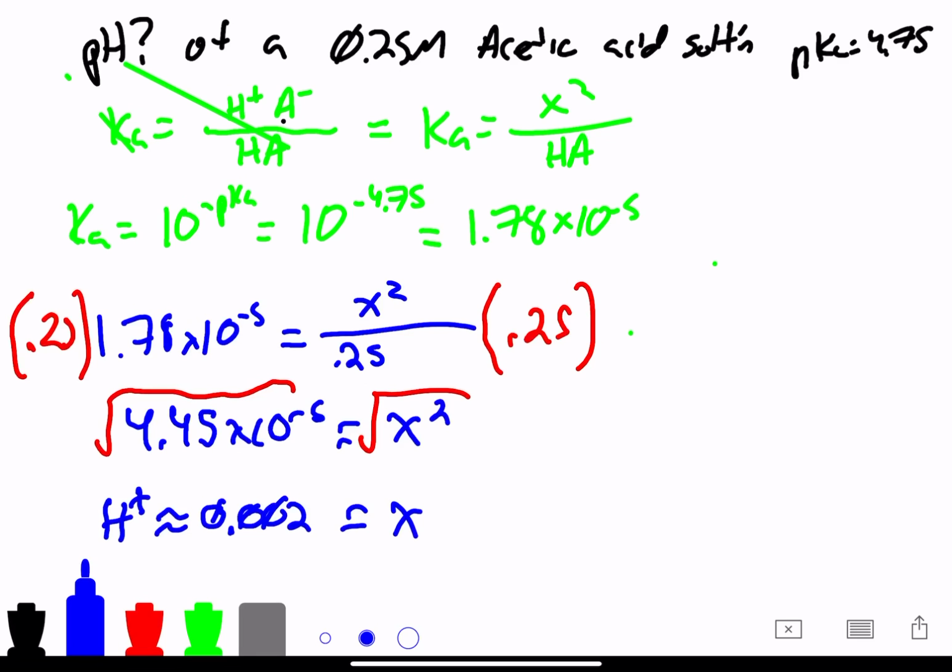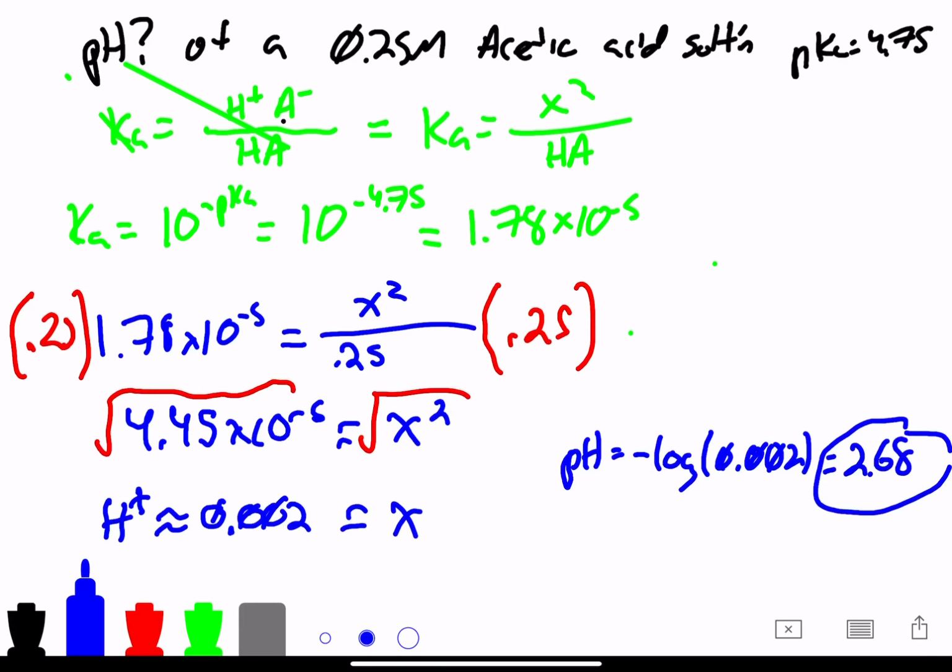So the pH is going to be equal to the opposite of log of 0.002 and we are going to get 2.68. So your pH in your answer for number 4 is 2.68. That would be the pH of a 0.25 molar acetic acid solution.